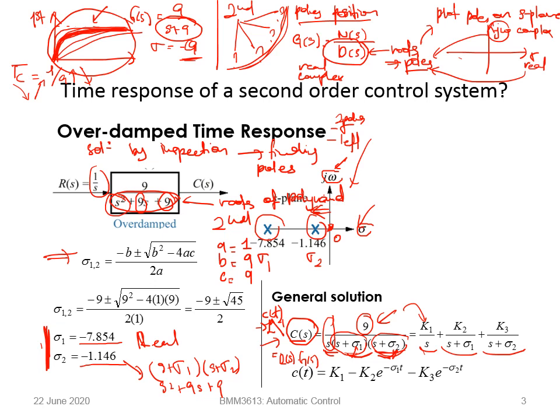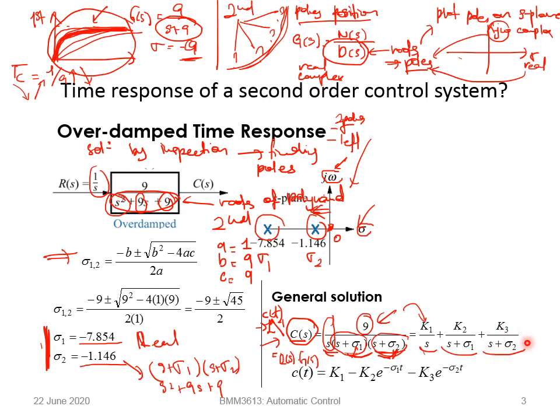The inverse Laplace of the first term, k1 over s, we know is a constant k1. But the second and third terms are s plus a pole sigma 1 and s plus another pole sigma 2.